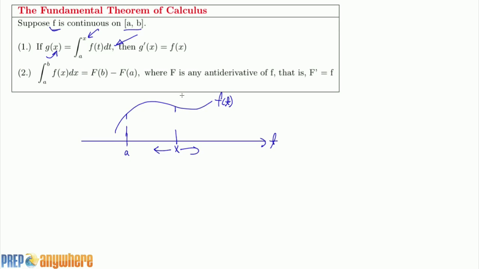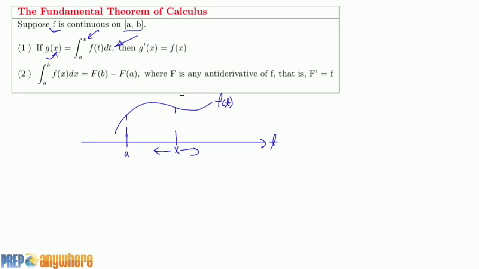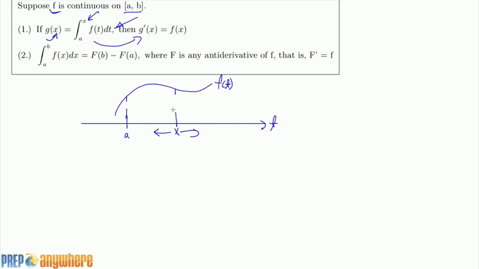But making the connection that the integral is somehow related to the derivative, back and forth, was done by Newton. A lot of people think Newton created calculus. He didn't create calculus. He just unified it in a way, so that it all made sense. Okay, so let's do the proof.